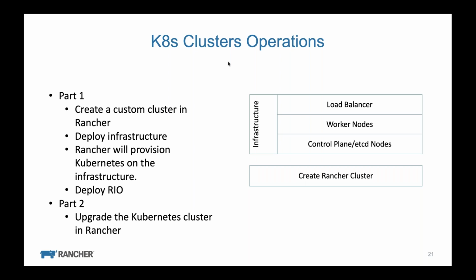As those come up, they'll get that registration command through the original Docker run, and those will tie back into Rancher. Rancher is actually going to do the provisioning of Kubernetes through RKE on that cluster. So that's the workflow that we're going to observe there.